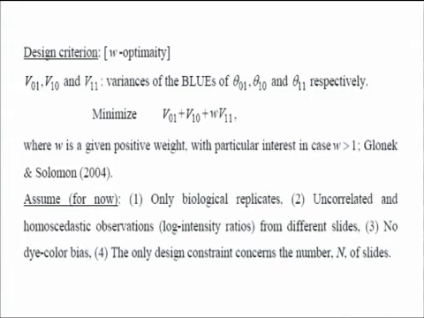In particular, Glonek and Solomon noted that W can be greater than 1. The two-factor interaction can be more important in applications than the main effects.